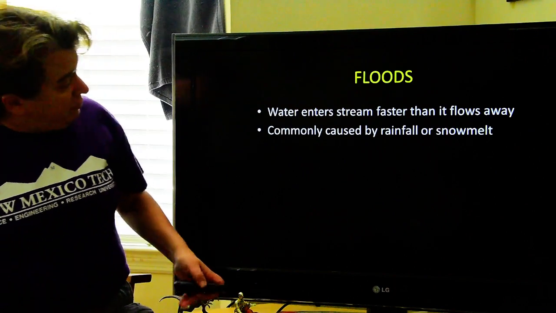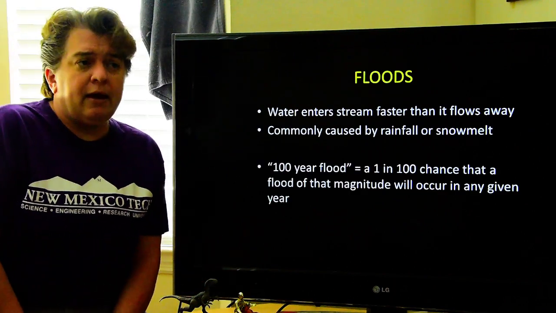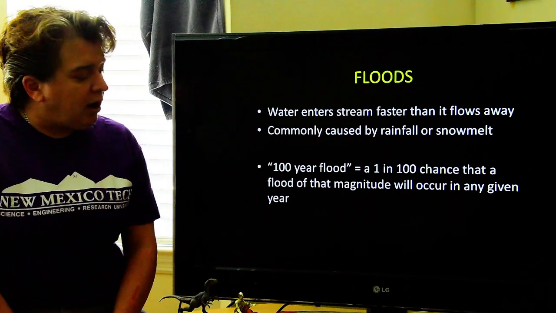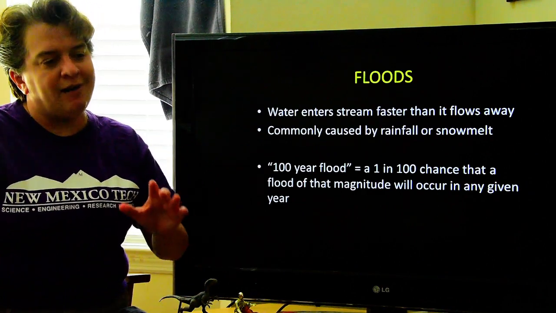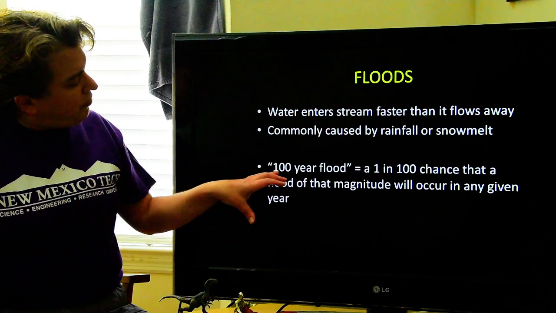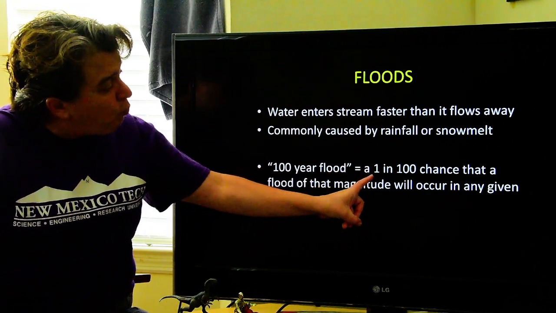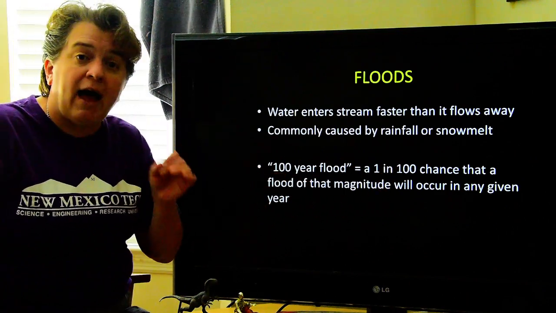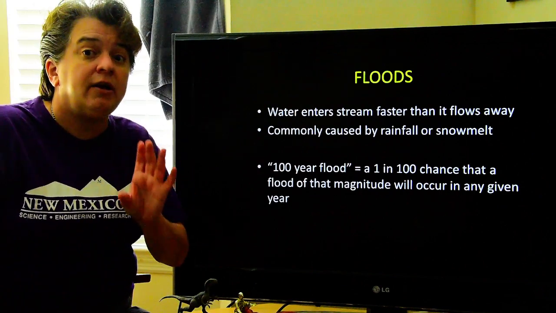So, a common misconception is when you hear the term 100-year flood, most people think it happens every 100 years. That's not the case. What the term 100-year flood means is that there is a 1 in 100 chance that a flood of that magnitude is going to occur in any given year.